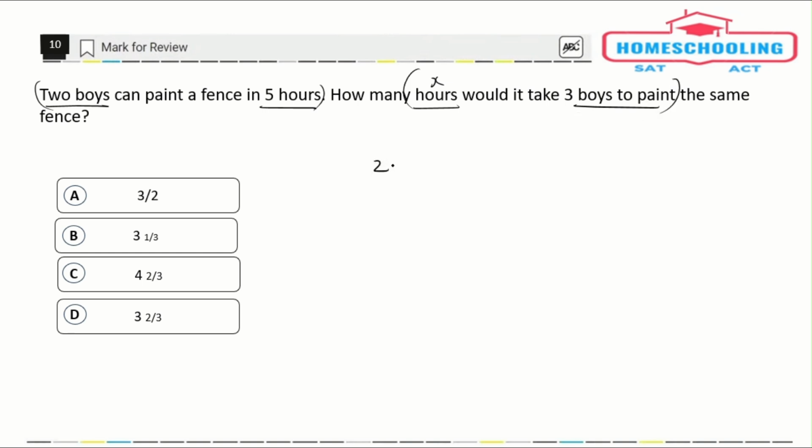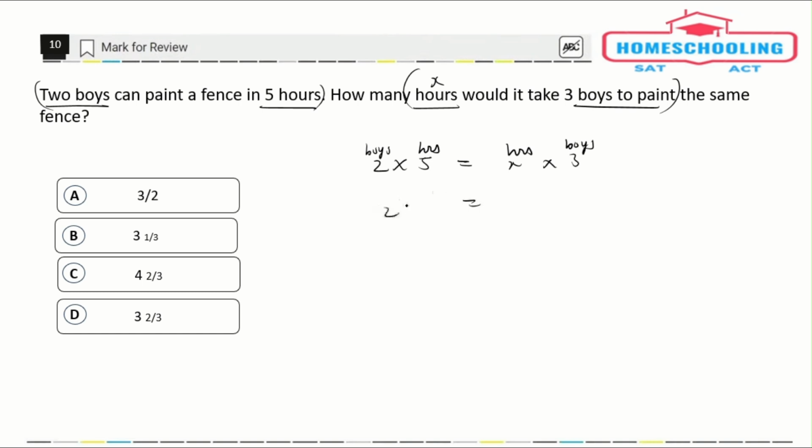So two boys into 5 hours is equal to X hours into 3 boys.